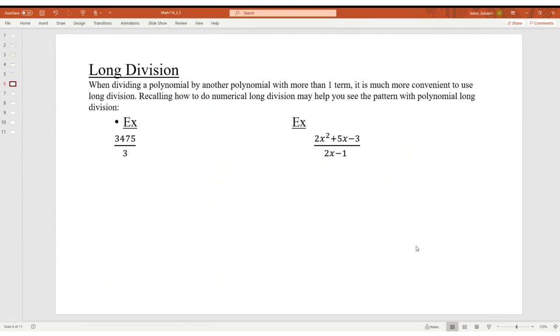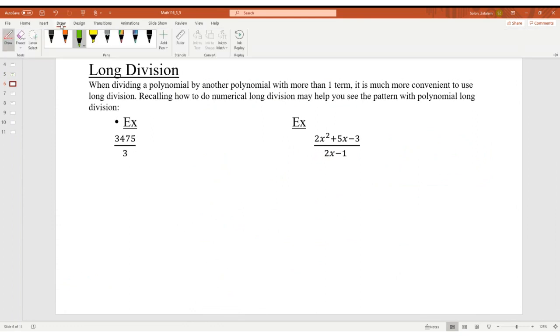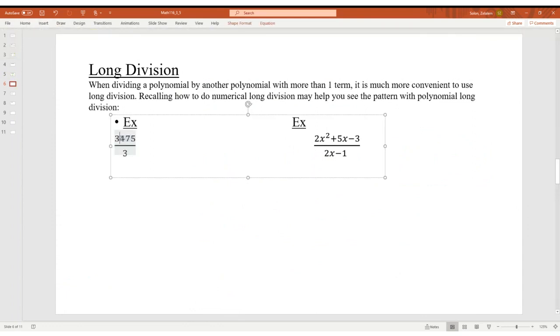Okay. So when we divide, let me do the numbers first, or I can do it in parallel. I don't know which one is better. Give me a moment. Let me reduce the number because this number takes a lot of steps. Let's say I have 675.